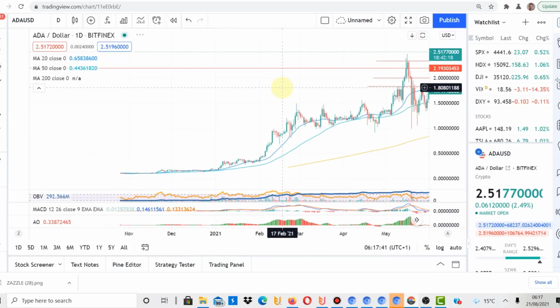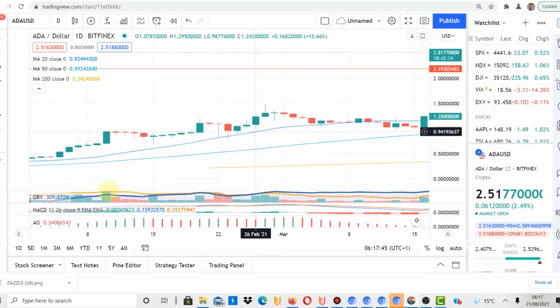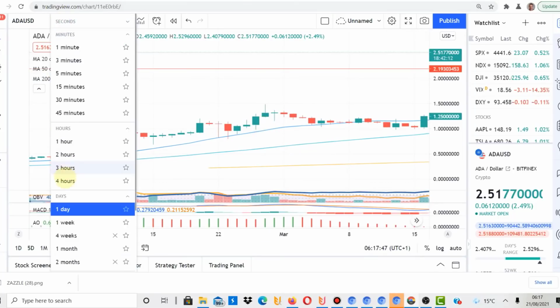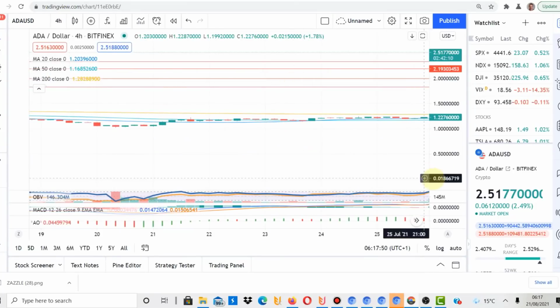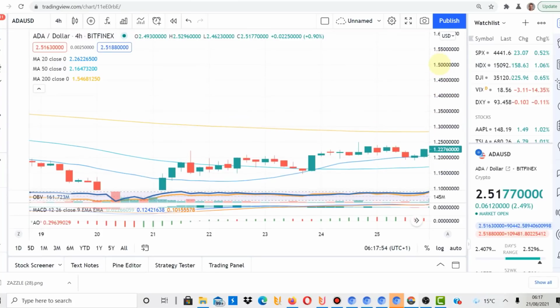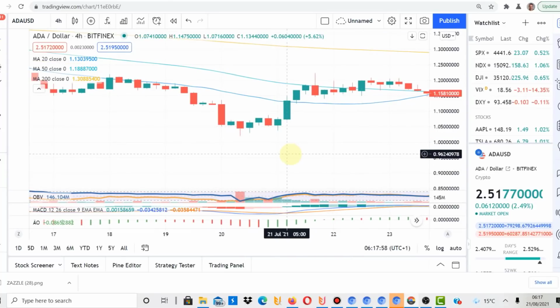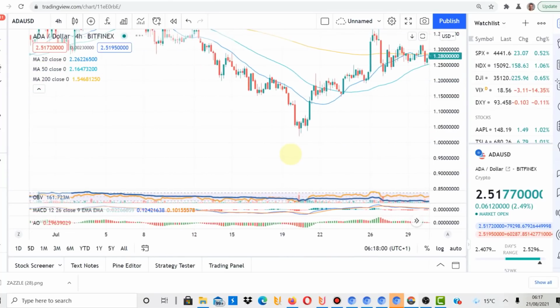I would like to have a look quickly at what we did before the last hard fork. So let's have a look at a few 4-hour ones. Very interesting just to see, did that work pretty similarly?